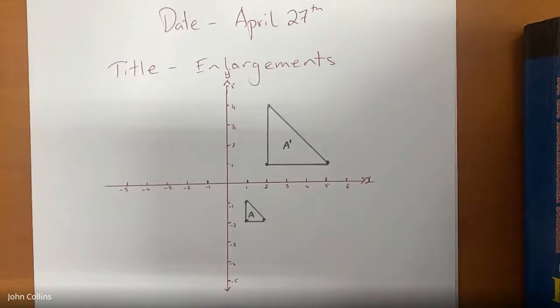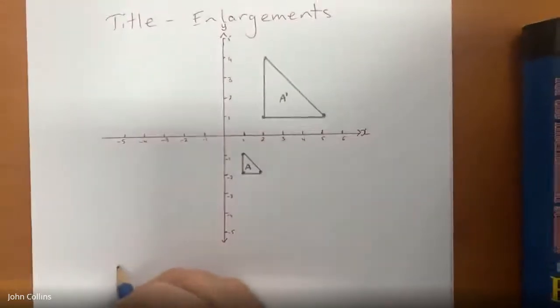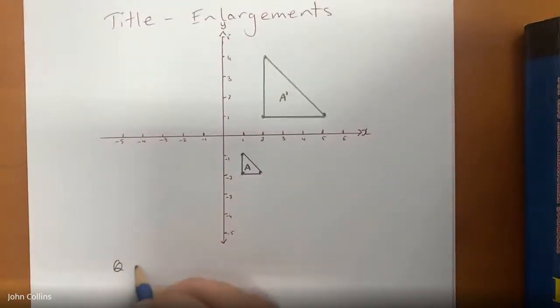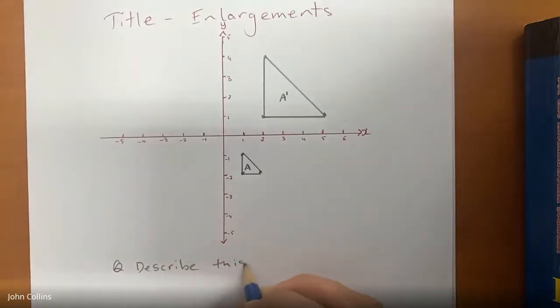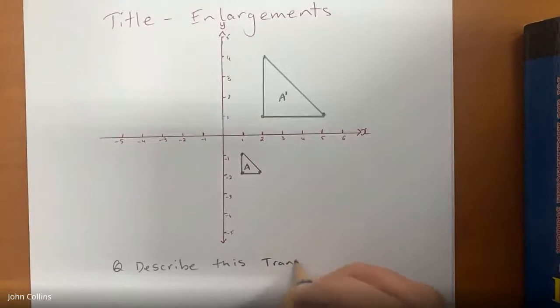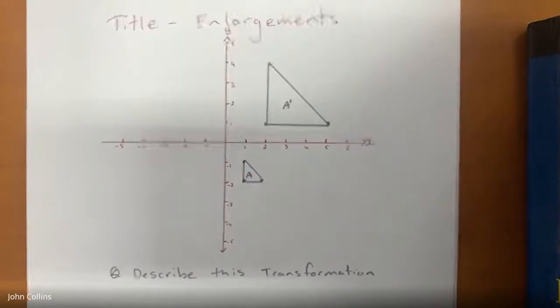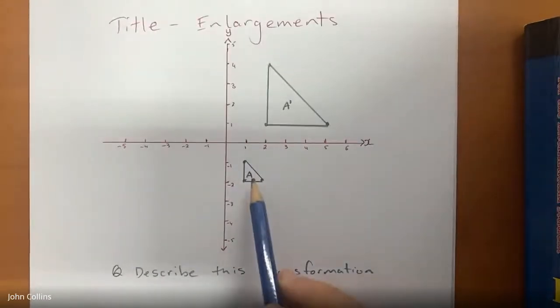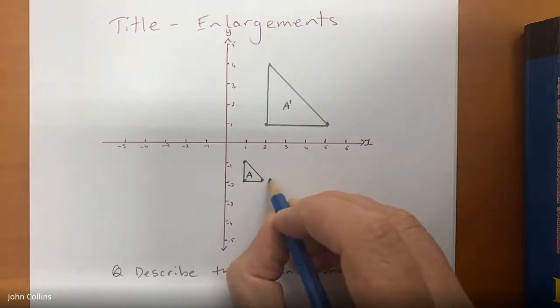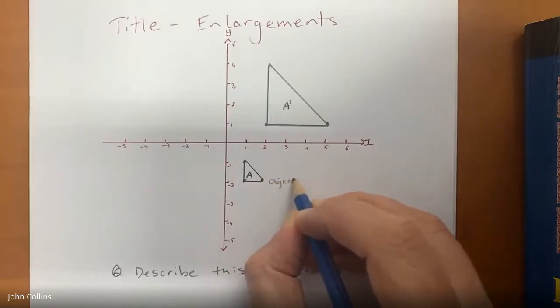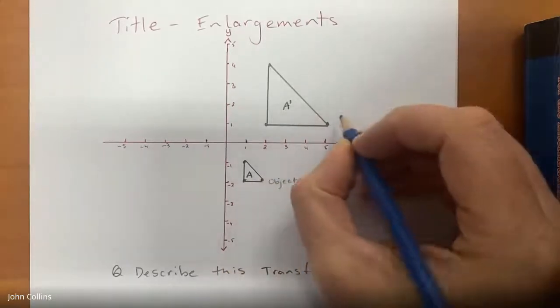Okay, so the question here could be as simple as describe this transformation. So hopefully you've recognized that the object, so the original, is smaller than the image.